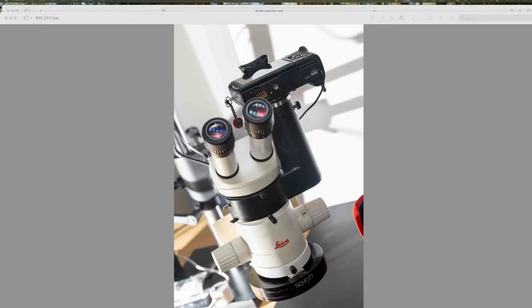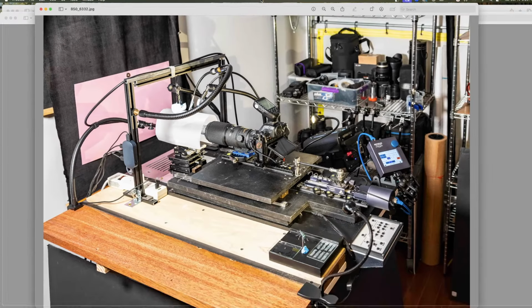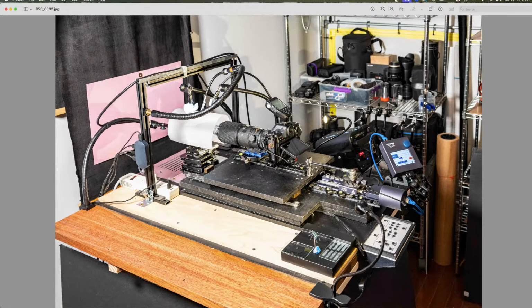Let me see what other kind of microscopes we talked about. Somehow I have moved my folder. Hold on just a sec. There it is. So let's see. Yeah, this is my version of a microscope, and for all the reasons we discussed earlier, and I'll be going back over those. This is actually a fairly poor substitute for a microscope.